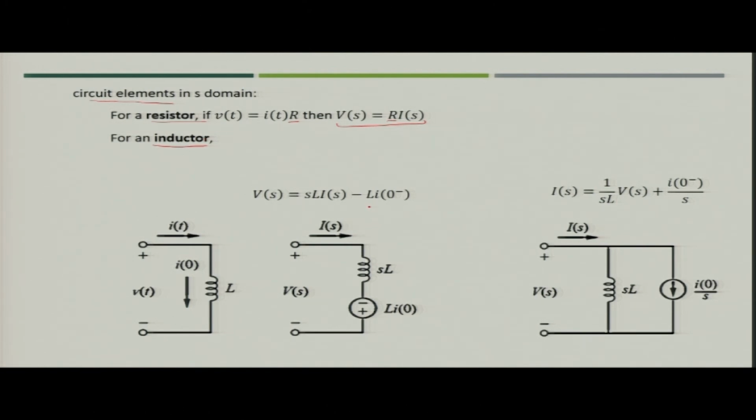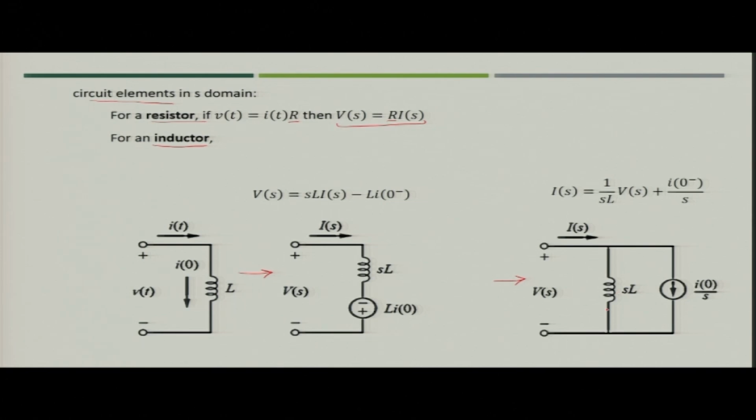So, we will have some initial conditions, like in the case of an inductor we may have initial current I naught. We discussed that we can transform the time domain circuit for the inductor into S domain. This was for voltage, which would be applied in the case of Kirchhoff's voltage law. Similarly, for current you will have the circuit as shown in the figure.